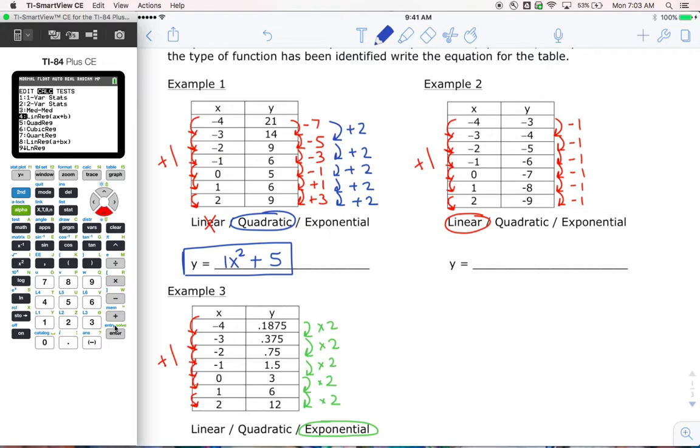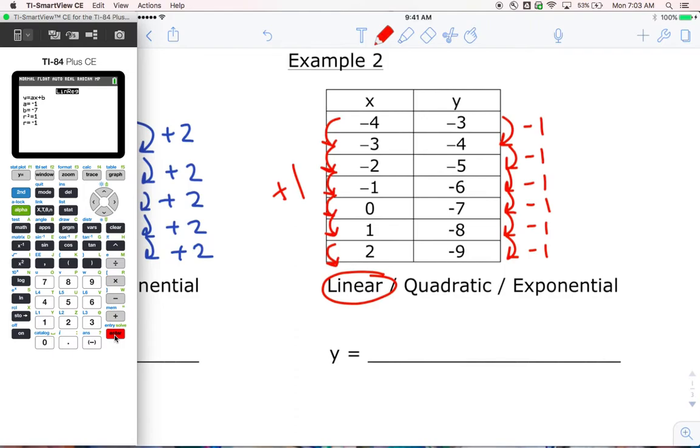Let's go ahead and just run the correct regression here, linear regression, right? Linear equations. And we get an R value of 1, perfect. And we've got our A and our B values to write our equation. So in this case, we've got y equals negative 1x, and then a negative 7, so minus 7. So here's my linear equation.